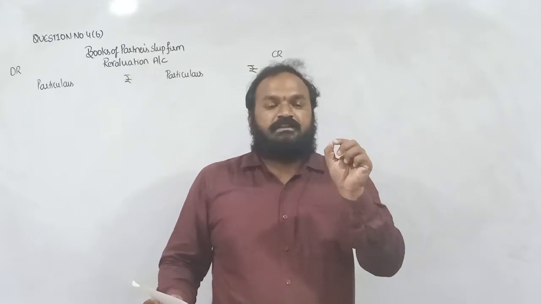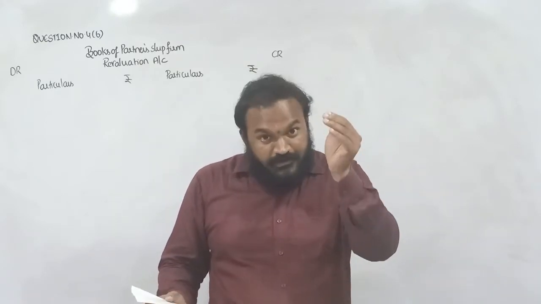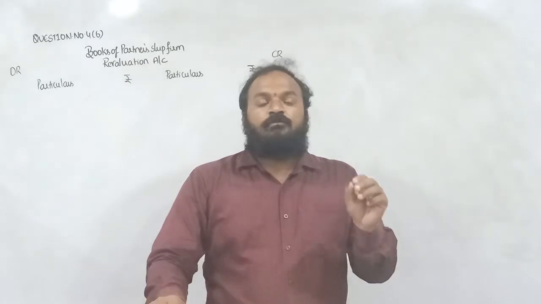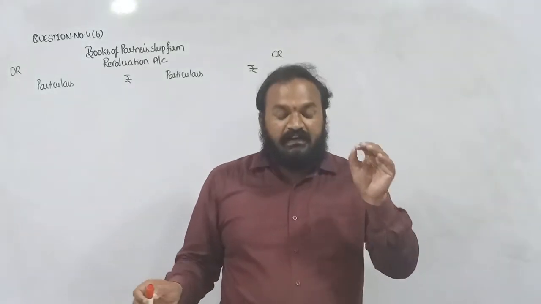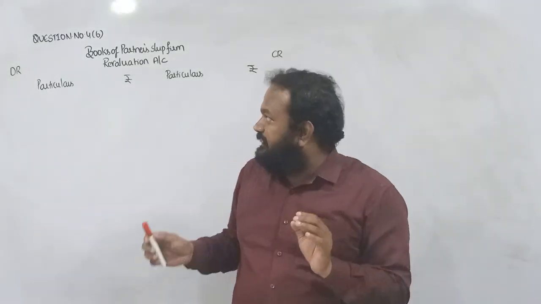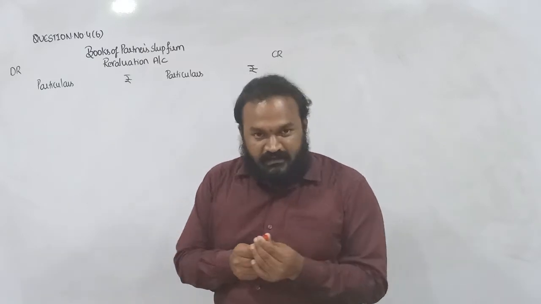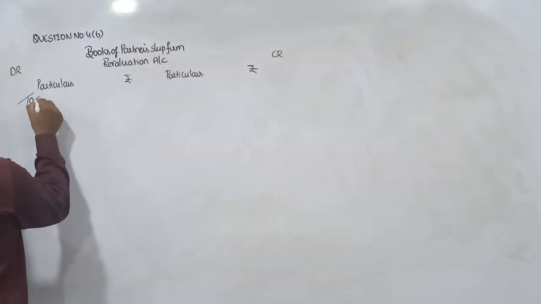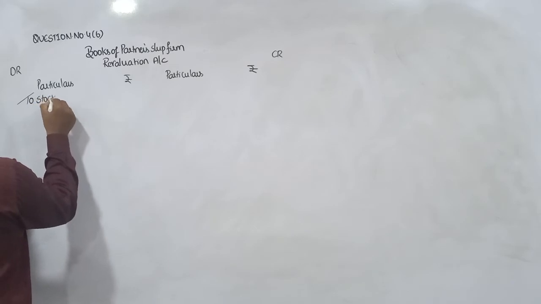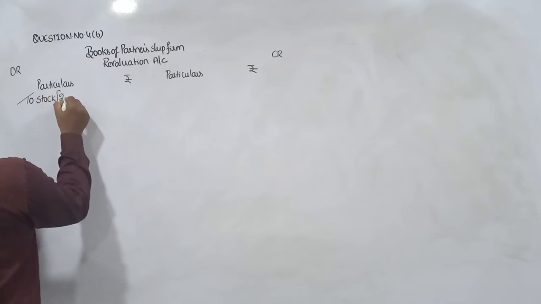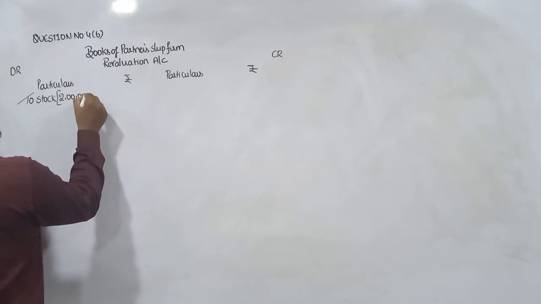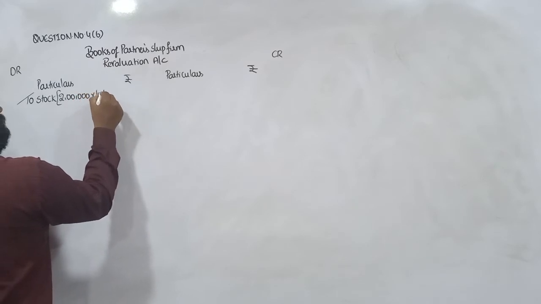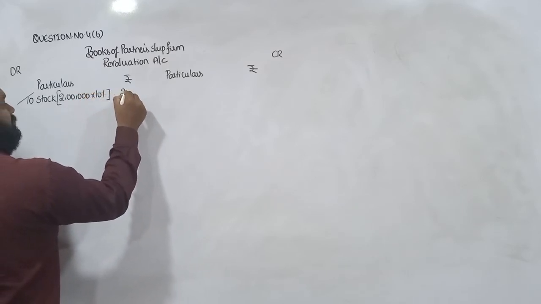What is the value of the stock? 2 lakhs. It reduces by 10%. What is the journal entry? Revaluation account debit to stock account. In the revaluation account, the posting is: to stock, 2 lakhs into 10%.